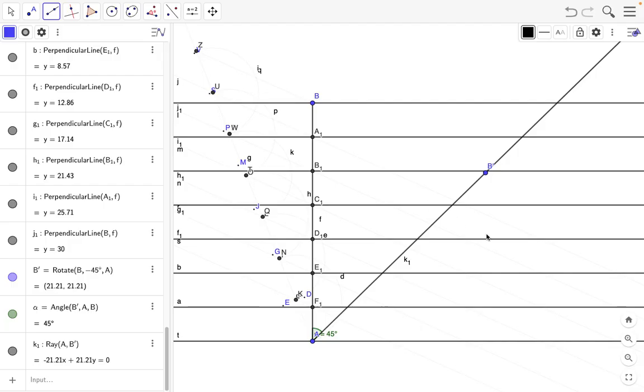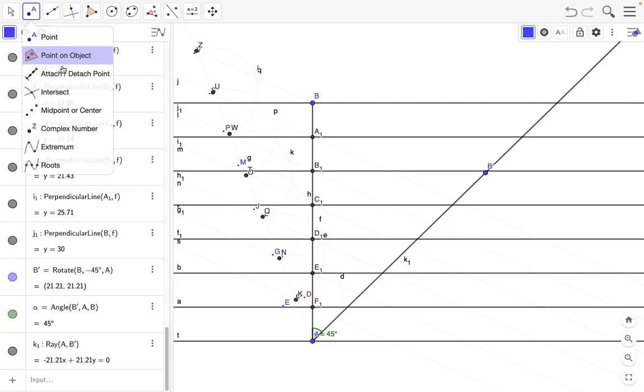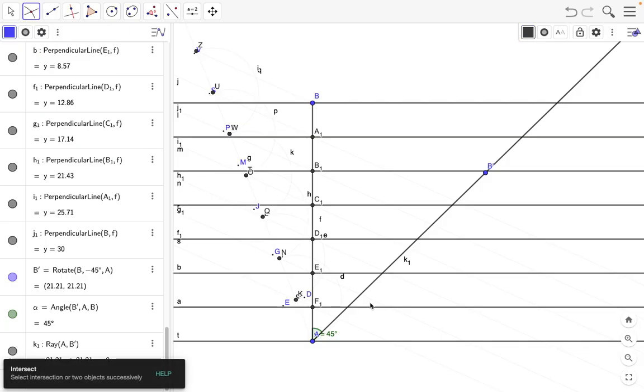Now we will determine the points of intersection of the line AB prime and the horizontal lines passing through A1, B1, C1, D1, E1, F1 and A and B. So we will select the points of intersection. So the intersect command here.